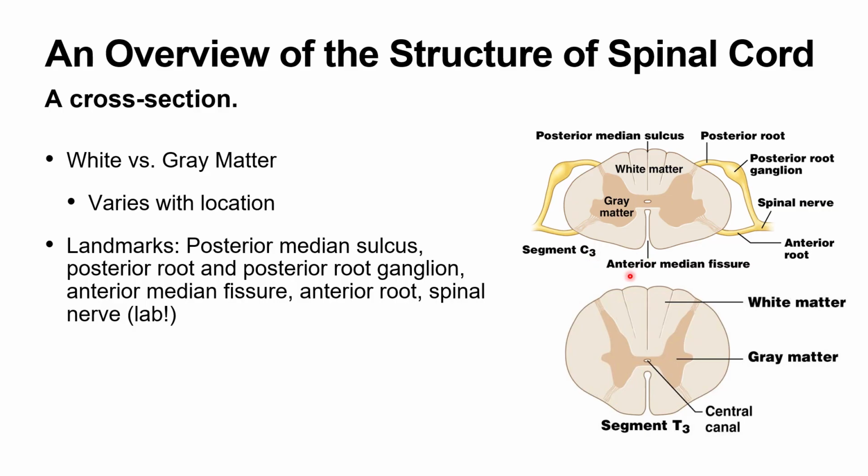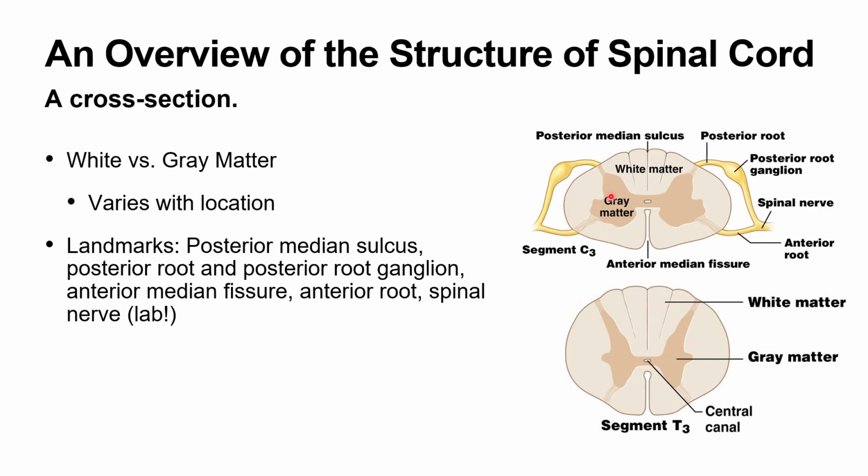So if this is the anterior median fissure, that means this is the portion that is pointed forward. So the patient's left spinal cord is going to be out here, whereas the patient's right spinal cord is going to be out here.